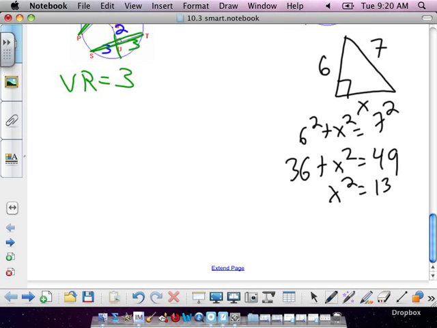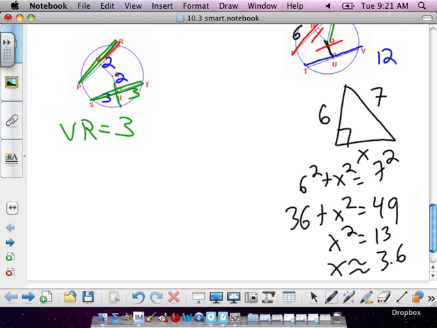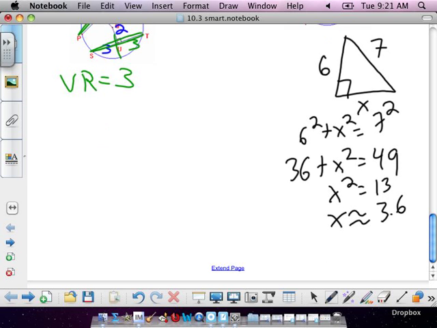And the square root of 13 is approximately 3.6. And we know it's the positive version, not the negative version, right? Because we're talking about lengths, and we don't usually have a negative length. Okay, so we found R to Q, but we also know that's the same as Q to U.